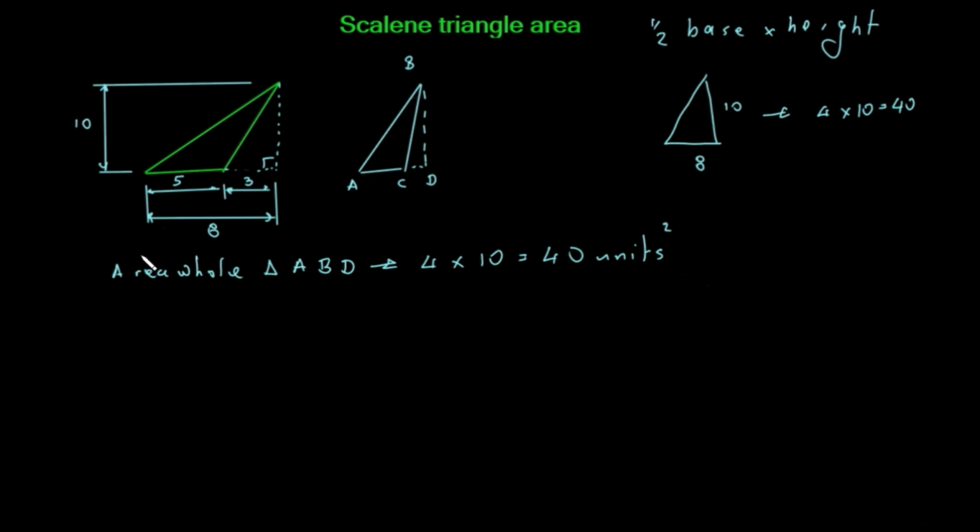Now we want the area of this part here, which is CBD. Area of the whole we've done. Now we want the area of BCD. Let's do that in that order. Area of triangle BCD.